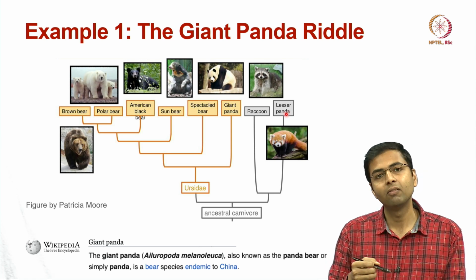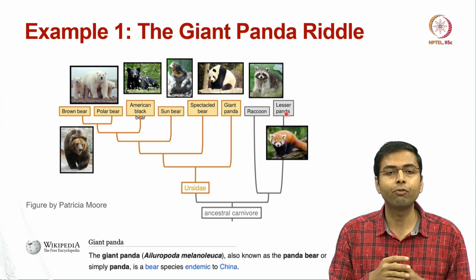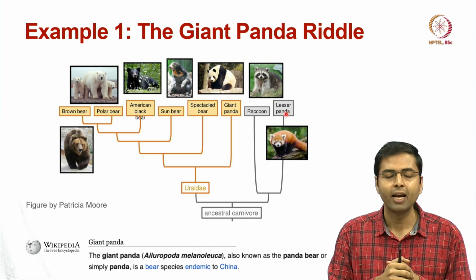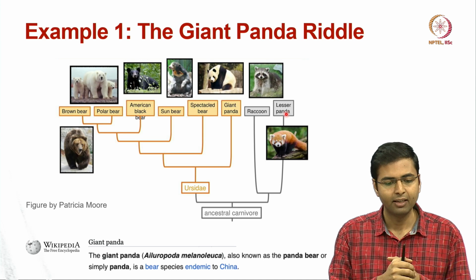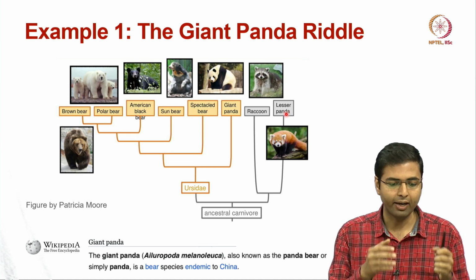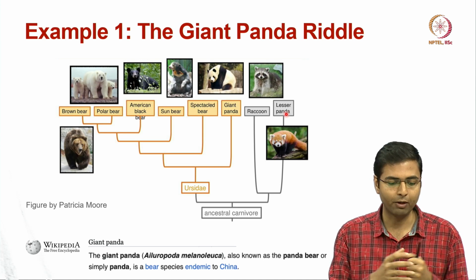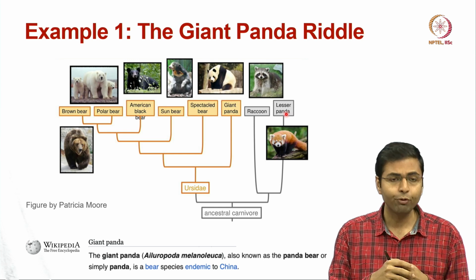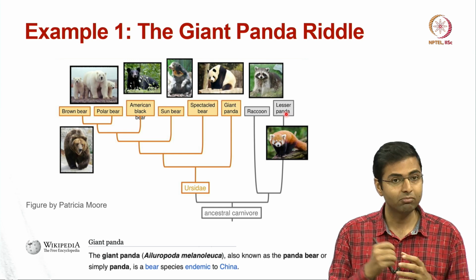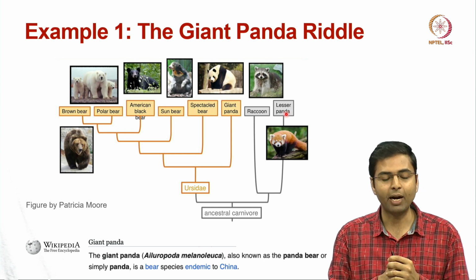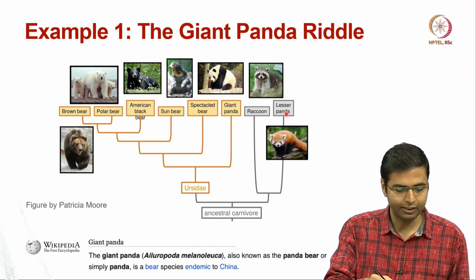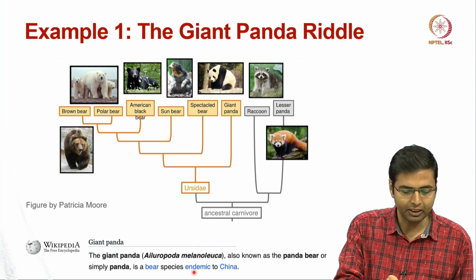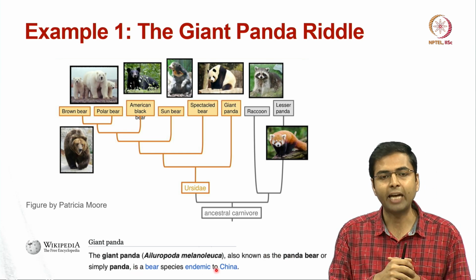So, this objective method of using rigorous algorithms and following DNA sequencing and molecular data sort of resolved this question which was left open for many years. If you open the Wikipedia page of giant panda now, the very first line of the article tells you that the giant panda belongs to the bear species endemic to China.